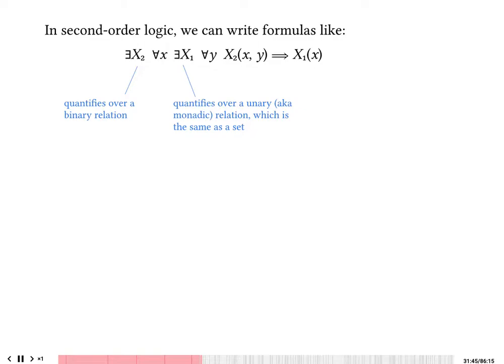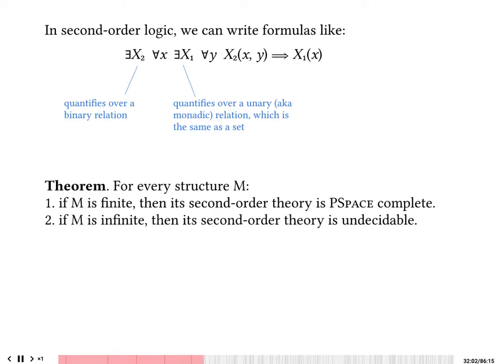You cannot, however, quantify over third-order objects, such as sets of sets, or relations on sets, or relations on relations. That would only be allowed in third-order logic. But I discuss for the moment second-order logic. Here's a rather straightforward theorem, which says that the complexity of deciding second-order logic is rather easy to understand.